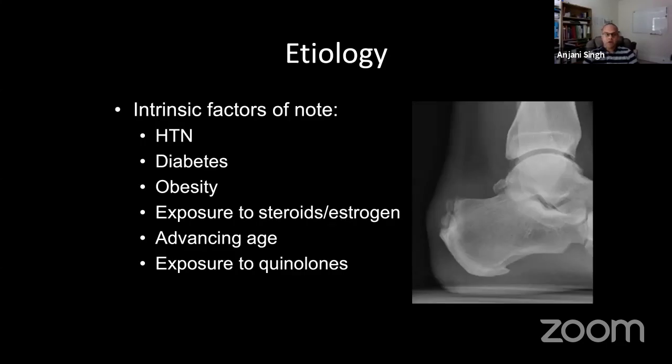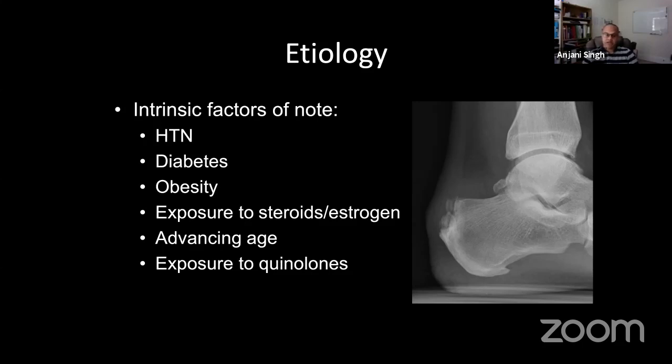Another inherent cause, as you see, relates to general health, more commonly seen with diabetics, hypertensives, and people who are obese, who are not able to maintain normal flexibility or have more mechanical load on the foot, leading to malalignment or pes planus or tight gastrocnemius. There has been a relation to exposure to steroids, which have a bearing on collagen synthesis and can decrease the resilience and the tensile strength of the collagen fibrils.